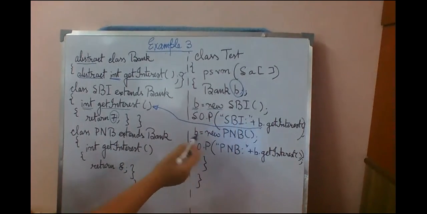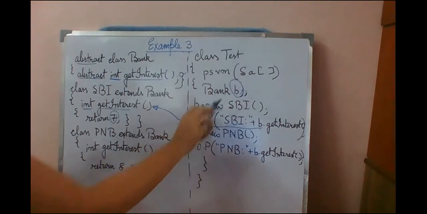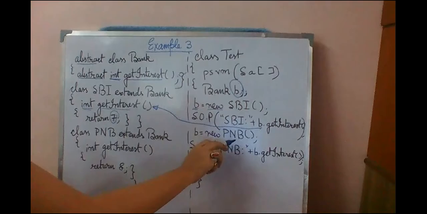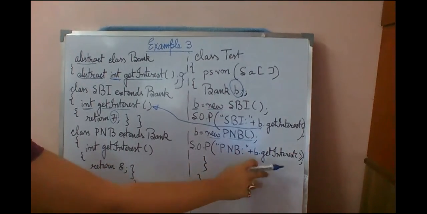Next, the same thing is happening for PNB. We can use the same reference B. The same reference B is used to create an object using the new keyword and the default constructor of class PNB. After that, we are printing the rate of interest that is getting returned, so System.out.println PNB plus B dot getInterest.